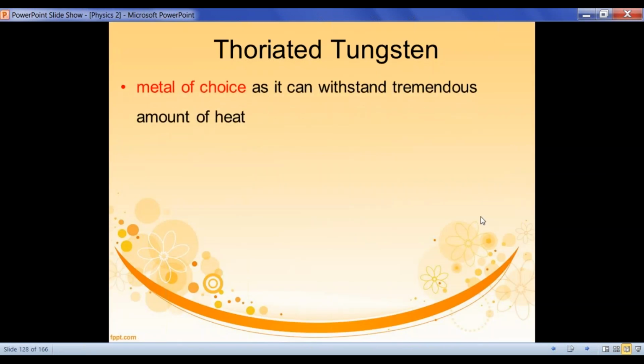So, ito naman po yung sinasabi ko kanina, yung thoriated tungsten. It is a metal of choice that can withstand tremendous amount of heat. Dahil mataas po ang melting point ng ating tungsten, which is 3,410 degrees Celsius. W is the symbol of tungsten.